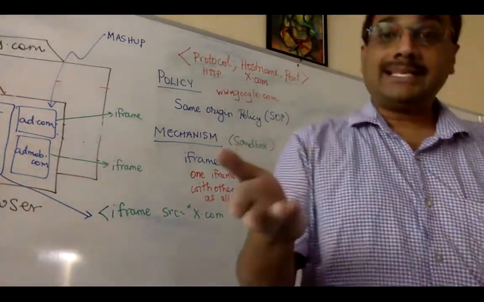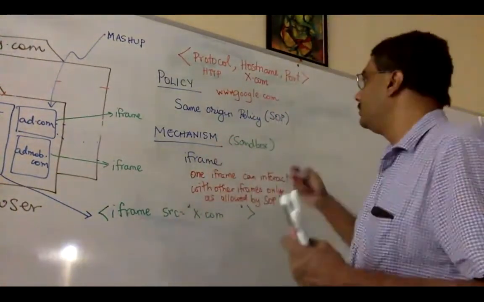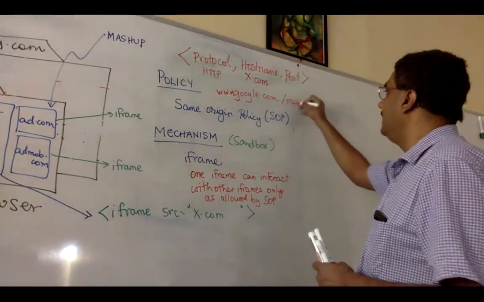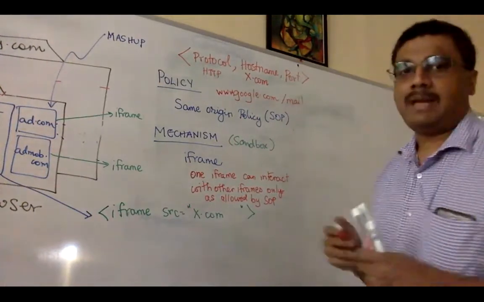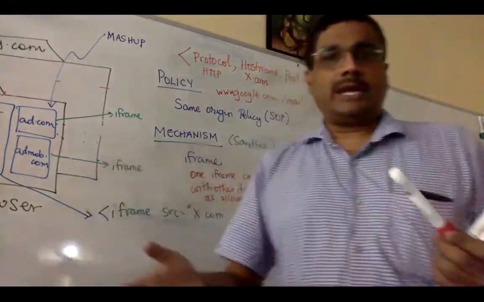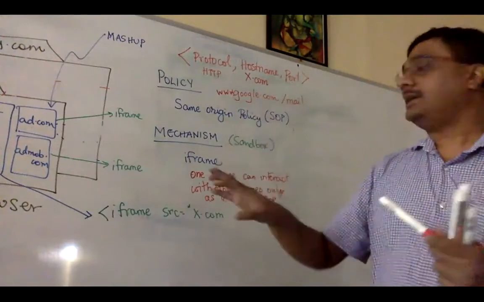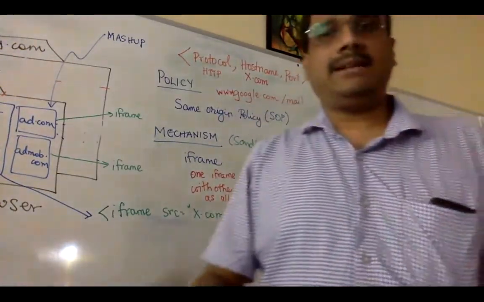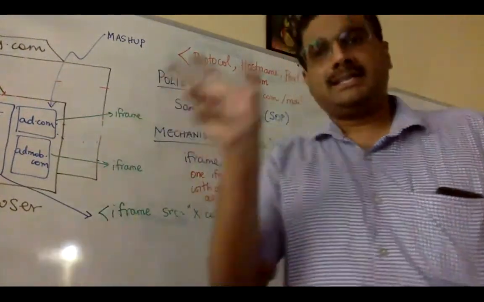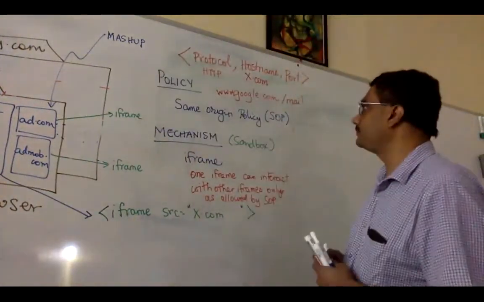So if you, for example, authenticate yourself to google.com/mail, you can still go and see maps, even though it is google.com/maps. The reason you can do so is because the cookie and all of the content is just tagged with google.com, not the subdirectories. It's just tagged with the top level domain name.